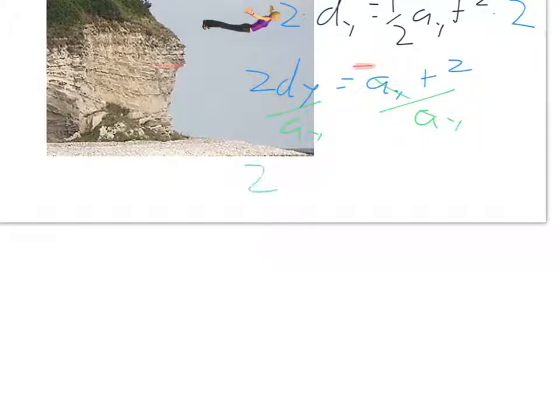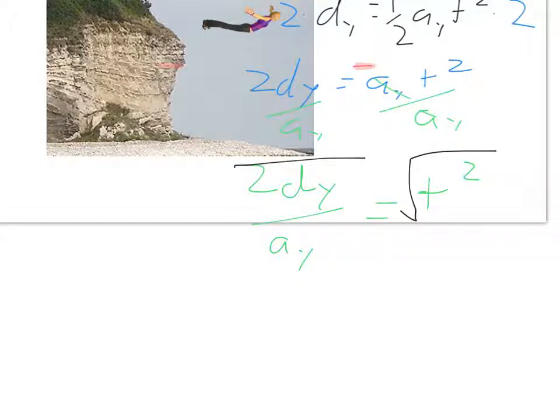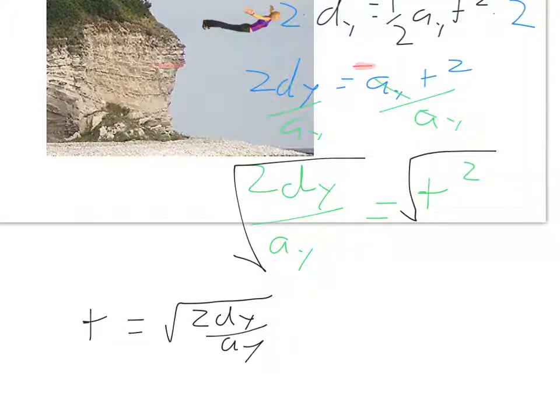So I've got 2 d_y over a_y is equal to t squared. And then all I need to do is take the square root of both sides. And I'm left with this relation: the time to fall down this 30 meters is equal to the square root of 2 times d_y over a_y.